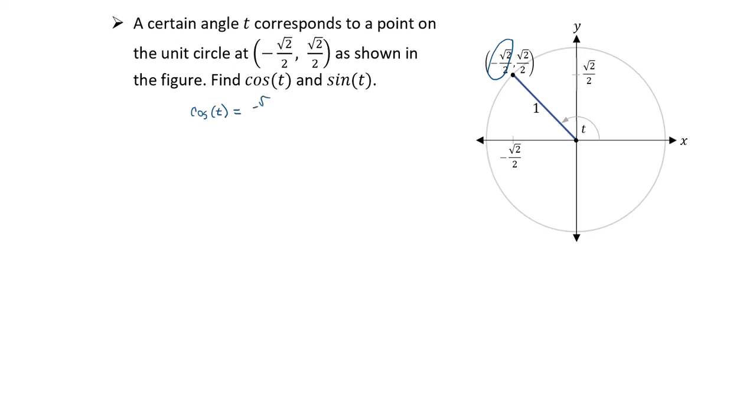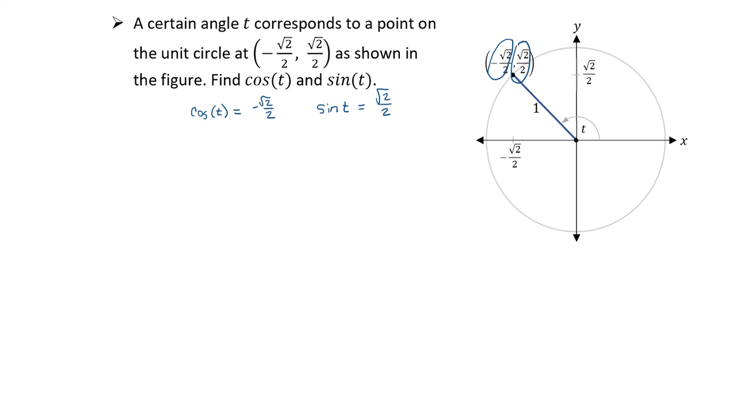So that is going to be the negative square root of 2 over 2. And sine of t, again, we don't have to write that with a parenthesis. Sine of t is going to be equal to the y part of the coordinate, square root of 2 over 2.